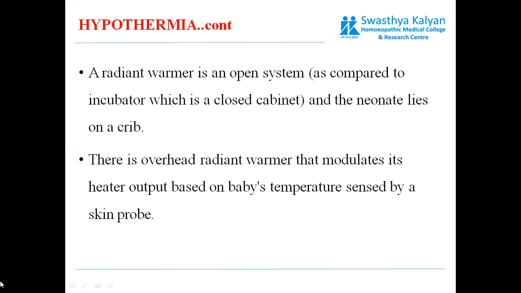And in both the systems, that is radiant warmer and the incubators, there is the servo control mode or feedback system which maintains the temperature of the baby.